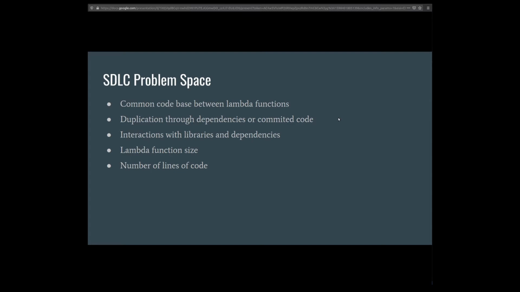So as such, how we deal with that common code base in our functions really leads us into whether we're duplicating through dependencies or through committed code. As such, this determines some of our interactions with our libraries and our dependencies in terms of how we approach that solution, which has impacts on our Lambda function size and potentially the number of lines of code that we have to write and manage inside our Lambda functions.